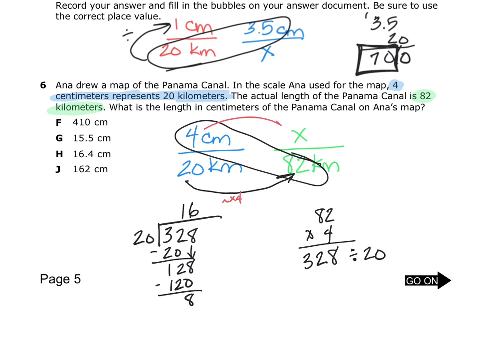So I'm looking for something that's close to times 4, so something close to 16. Not exactly 16, close to 16. So that eliminates 162 and 410 because both of those answers are way too big. And now since I have a 1 and a 6 to start out, I know my answer is going to have to be H here.